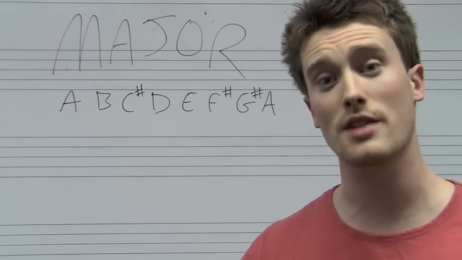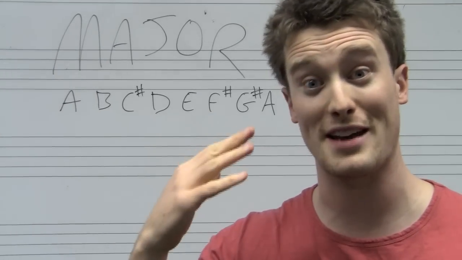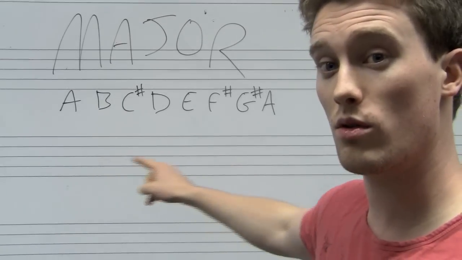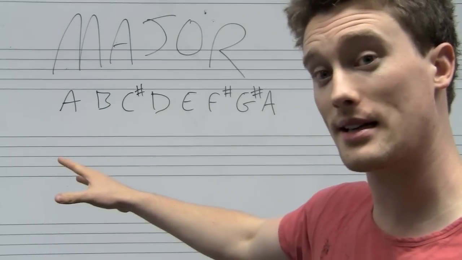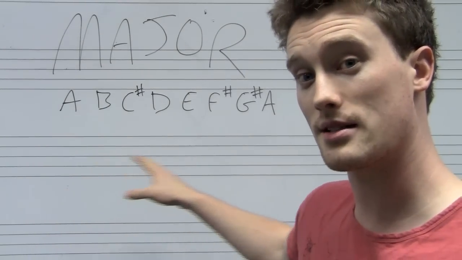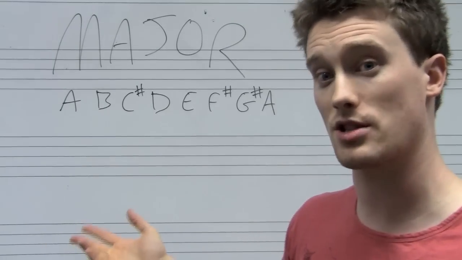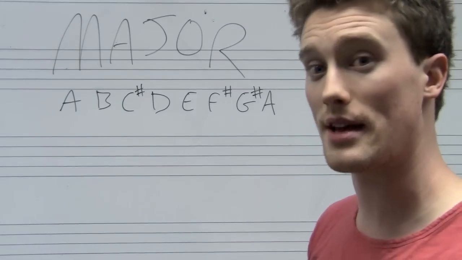Okay, so now I'm going to show you another example, just so it gets stuck in your head. So we're doing the A major chord. I've written out here all the letters that would be in the A major scale, which, remember, is the same as an A major key signature. So let's write the scale degrees.